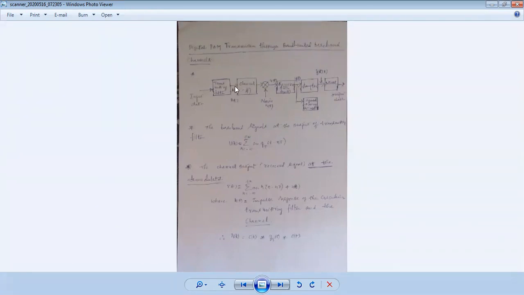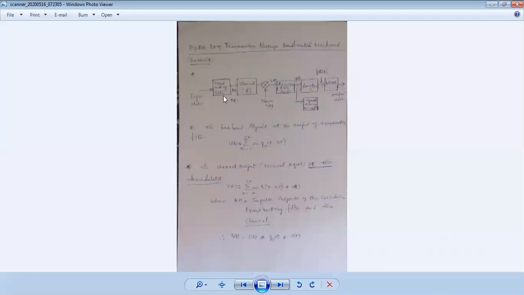Even though this is an analog signal, at this point we want to transfer the digital signal, so we are going to convert this into a PAM, pulse amplitude modulation.